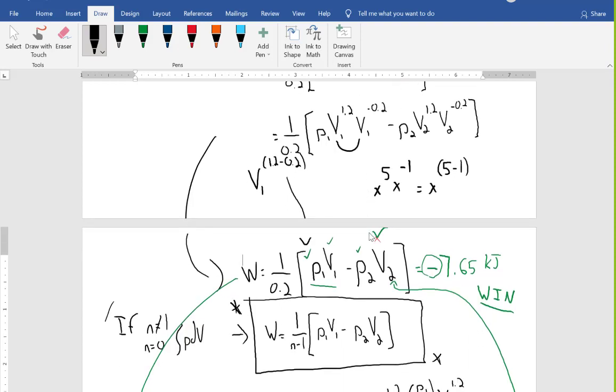You do have to be a little careful because it doesn't always work. It won't work if n is equal to 1, or if the volume is constant, or if it's not a polytropic process. So if it's linear or something, then it won't work either. But if you have a polytropic process and n is not equal to 1, then I think this equation should work.